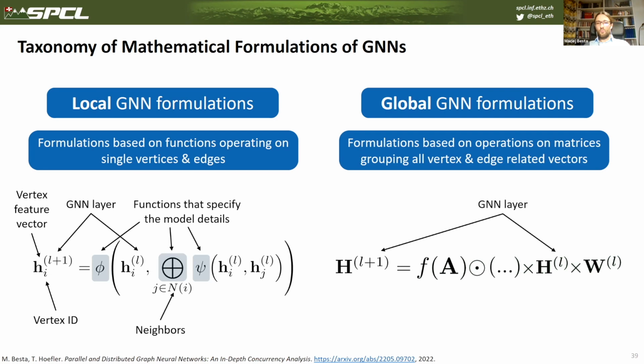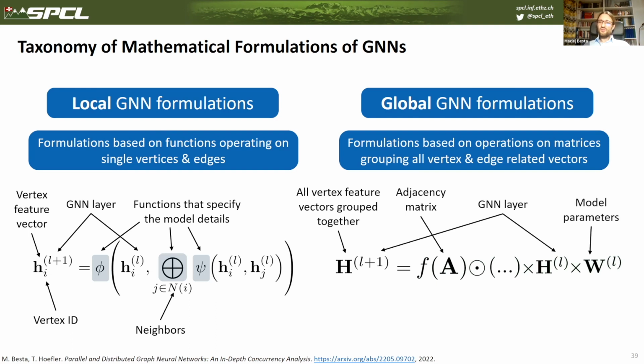Again, we have L, which indicates our GNN layer index. Then we have the H matrix, which we use to group all the feature vectors of vertices. And then we also have the adjacency matrix, which we use to describe the structure of our graph. And finally, we also have model parameters grouped in some parameter matrix.